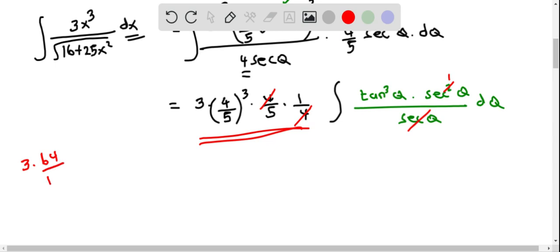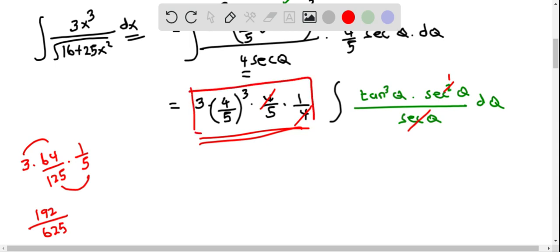Divided by 5 cubed is 125, and we then have 1/5. So this basically equals 3 times 64 is 192, and 125 times 5 is 625. So the product of these numbers is 192 over 625, which I write down here. This becomes 192 divided by 625.